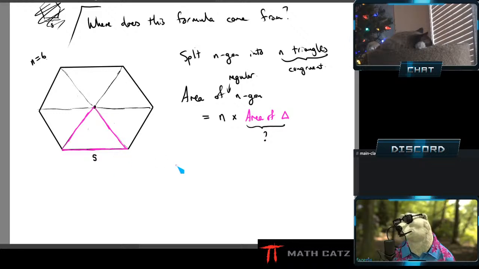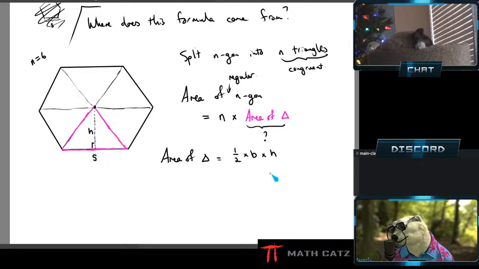Okay. Now I understand the area of a triangle. Should we continue in pink? I don't know if it's going to be too much pink, so let's maybe not. So the area of the single triangle is, of course, a half times the base times the height. Throw the height in here.